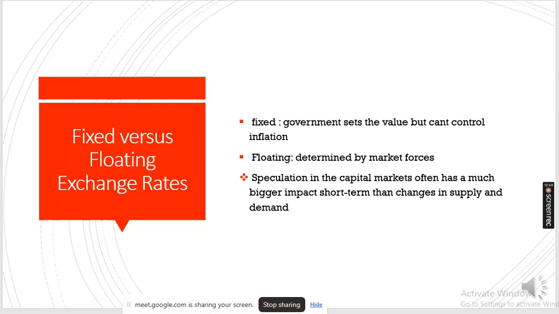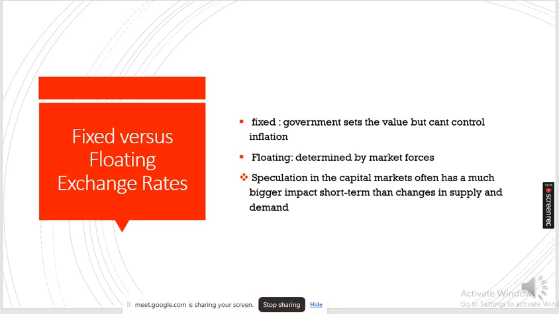While a floating rate is whereby the exchange rate is not determined by the government; it is allowed to change based on market forces. It will change based on how the market is reacting, how you are exporting, for instance, how the price of maize is behaving on the market. But here, the government can control inflation.